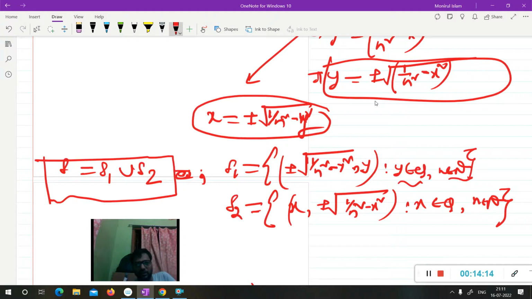So you can say this ordered pair will be totally rational numbers. Y is a rational number, and for any value of n this will be a rational number.